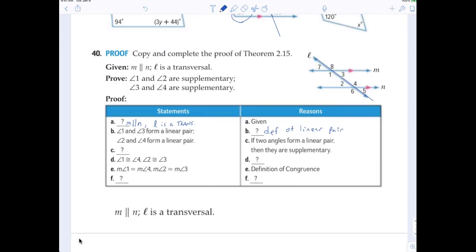All right? Now, if two angles form a linear pair, then they are supplementary. Now, do you remember what this is called? Now, I don't even know if I've even told you this. But there's the definition of a linear pair, all right, and then it's called the linear pair postulate.